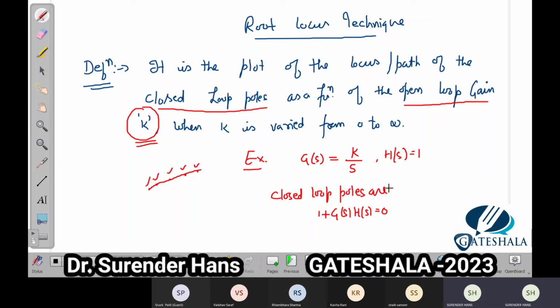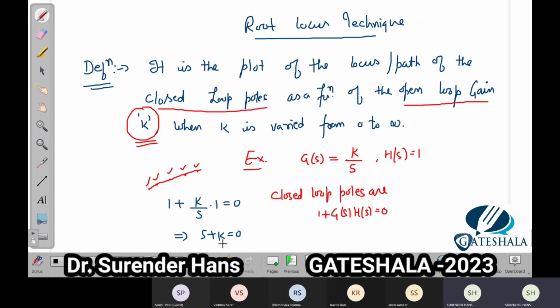So if I put G(s) and H(s) here, then 1 plus K by s into 1 is equal to 0, or can I write s plus K is equal to 0? Clear? This is the closed loop pole equation.